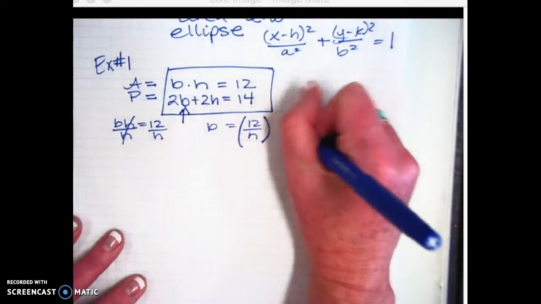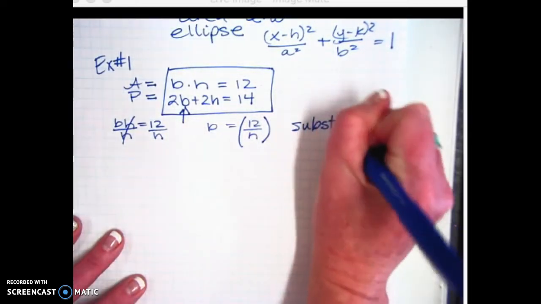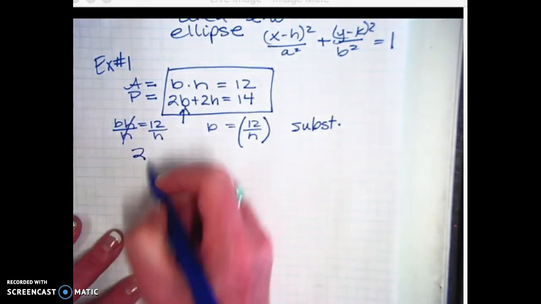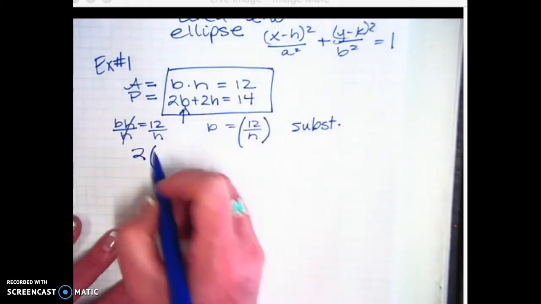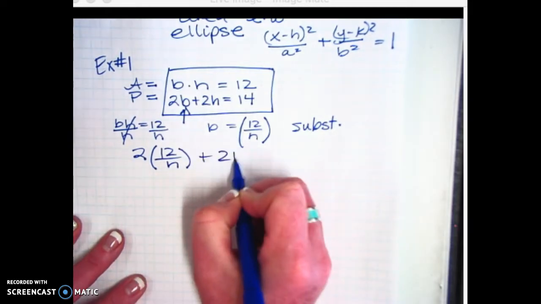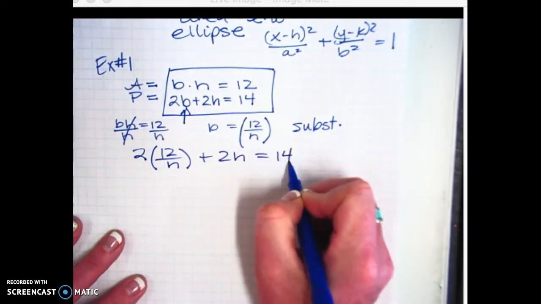So I'm going to use substitution. And here's what that equation will look like. 2 times 12 over H plus 2H equals 14.